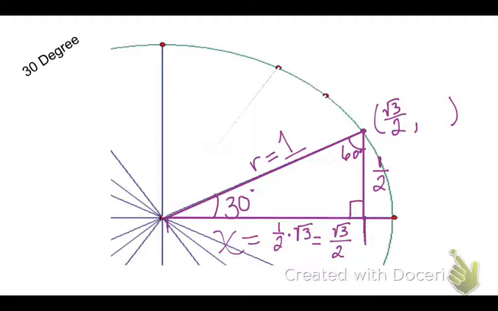One half represents the y value because it is the distance above the x-axis. So the coordinate for the 30-degree angle is square root of 3 over 2, comma 1/2.